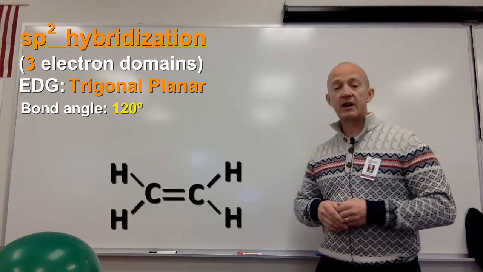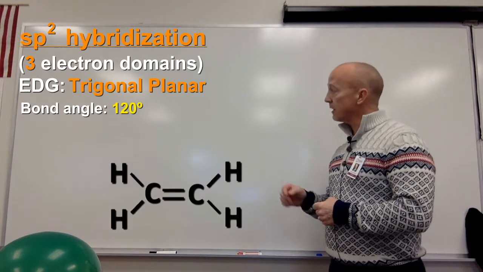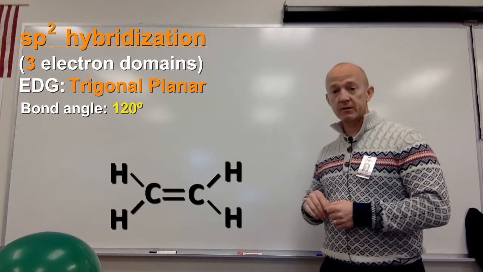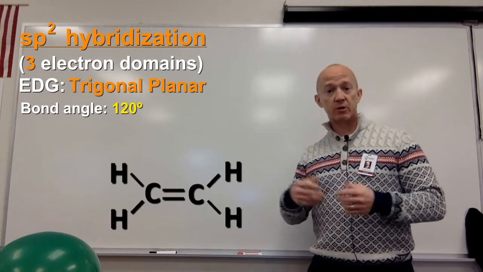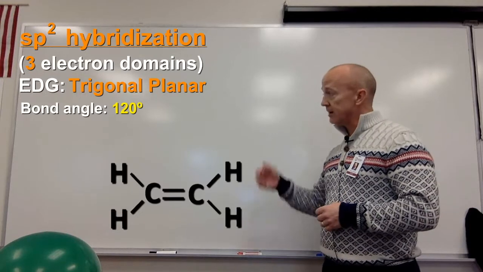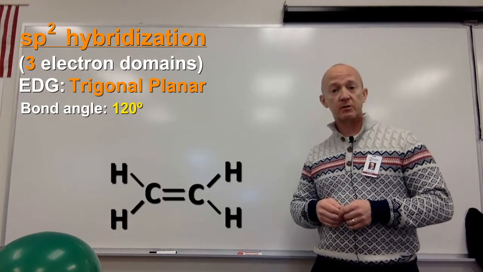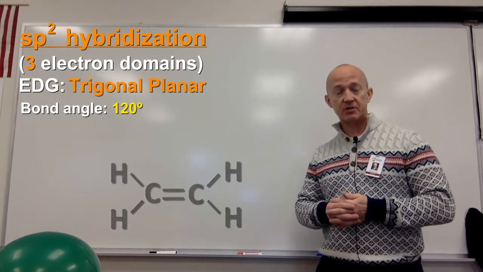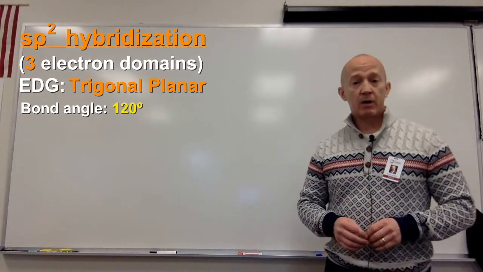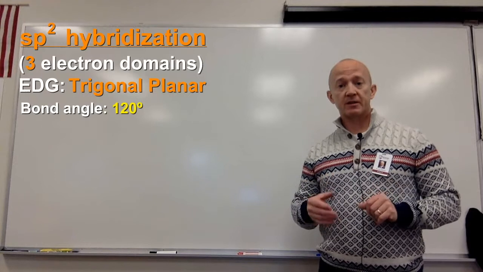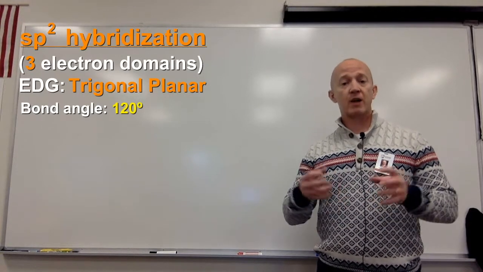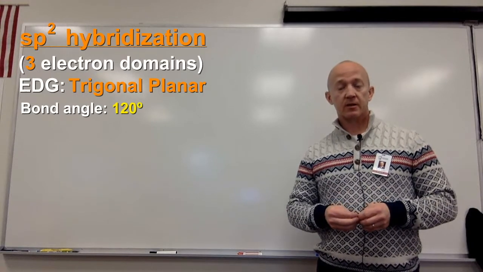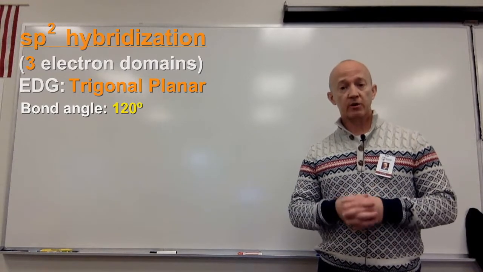You can see it in this diagram of ethene, where each carbon has 3 areas of electron domains surrounding it. 2 of the domains are sigma bonds going to the hydrogens, and the third domain is the double bond going to the other carbon. 3 total domains giving us sp2 hybridization. So, anytime you have 3 regions of electron density or electron domains around an atom, that is sp2 hybridization, and the shape is going to be trigonal planar.